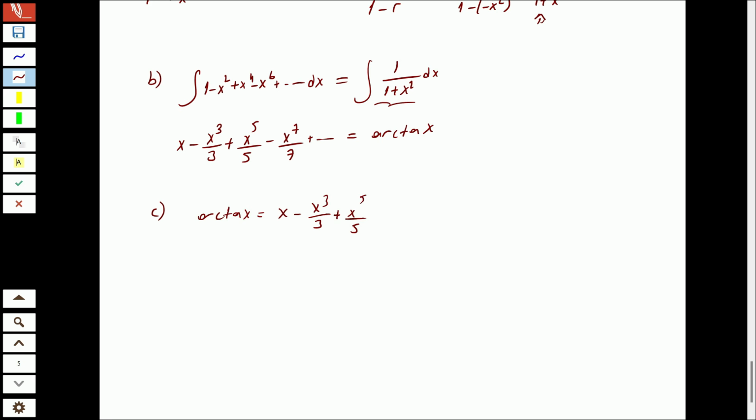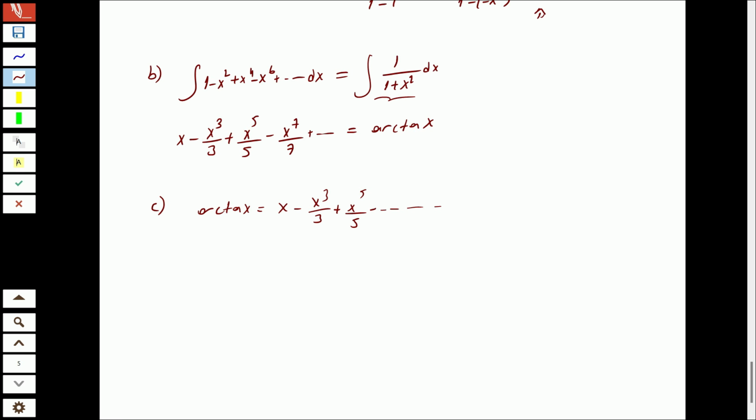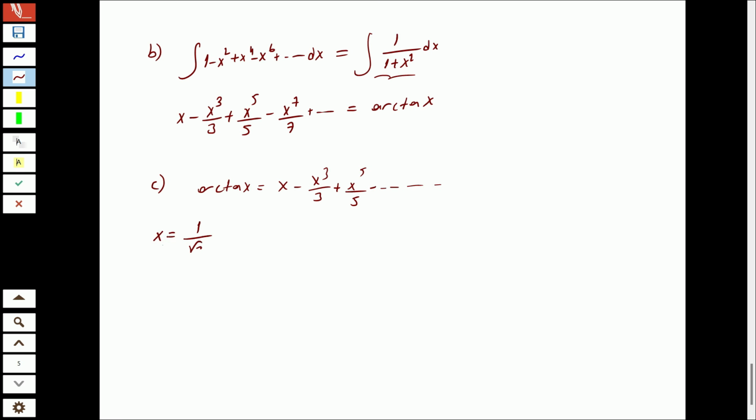I will write until here, and then I'm going to replace x with 1 over square root of 3. So if you replace x with 1 over square root of 3, we're going to find which angle it will be equal to, plus x to the power of 5 times 1 over 5.